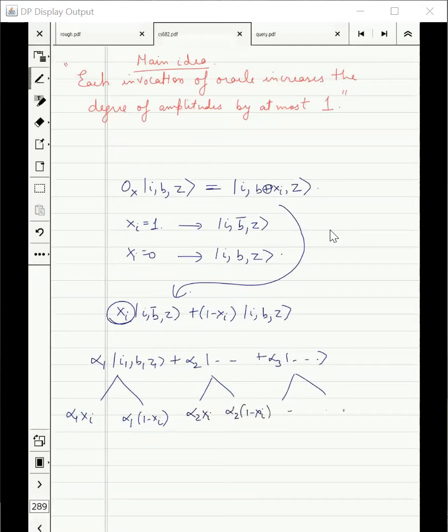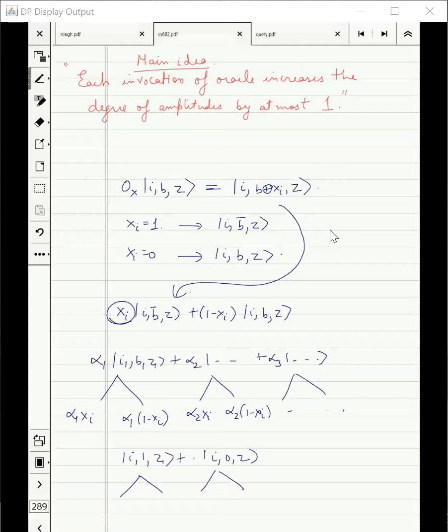And then some of these branches will merge because I could have |i,1,z> and |i,0,z>. Both might be present in my state. They will divide into 2, they will match up, and a few things will be added up, but they will not increase the degree. That's just addition. That will not change the degree, right?